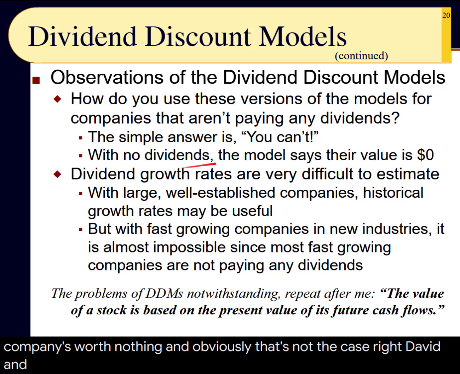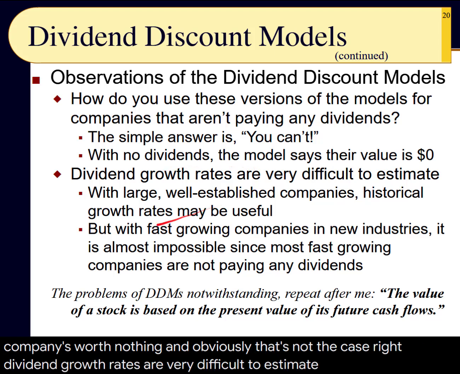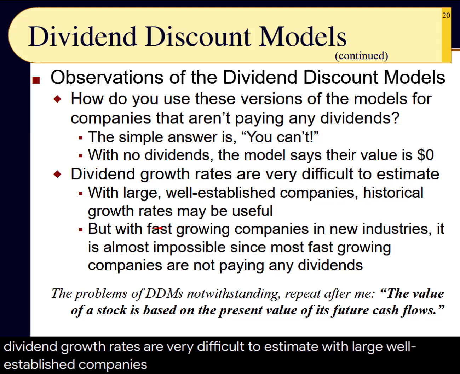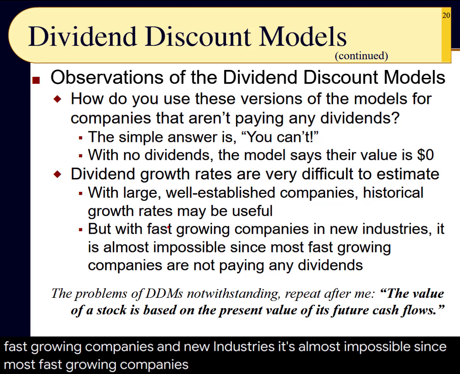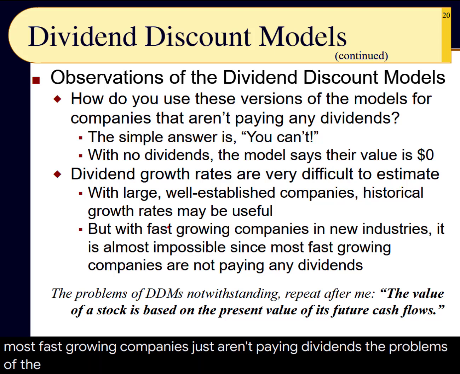Dividend growth rates are very difficult to estimate. With large, well-established companies, historical growth rates may be useful, but with fast-growing companies in new industries, it's almost impossible since most fast-growing companies just aren't paying dividends. The problems of the dividend discount models notwithstanding, repeat after me.